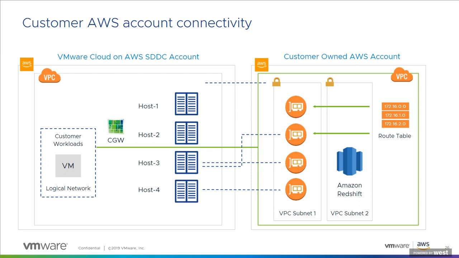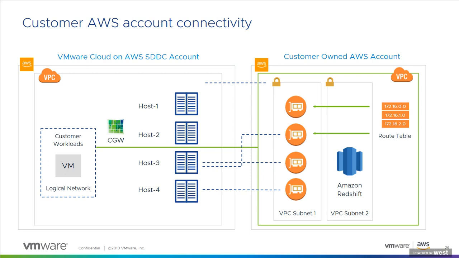When considering the customer's AWS account connectivity, remember that with VMware Cloud on AWS, the SDDC that we deploy as part of the process has its own VPC, and this is a VPC that is managed by VMware, and you've also got the VPC that's managed by yourselves, the customer.